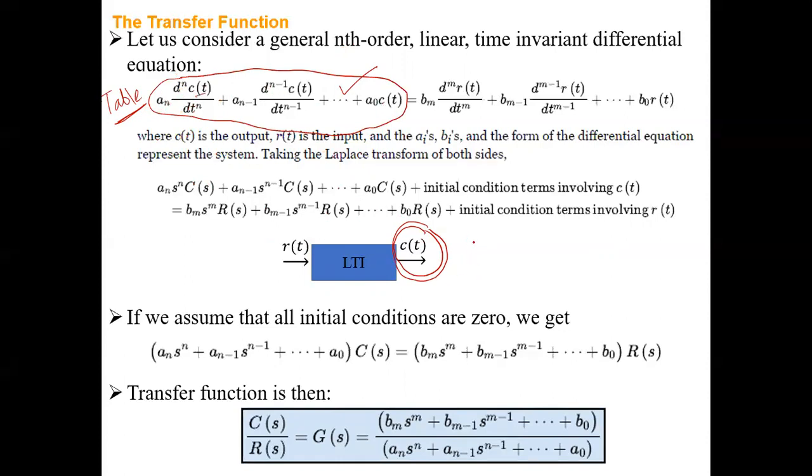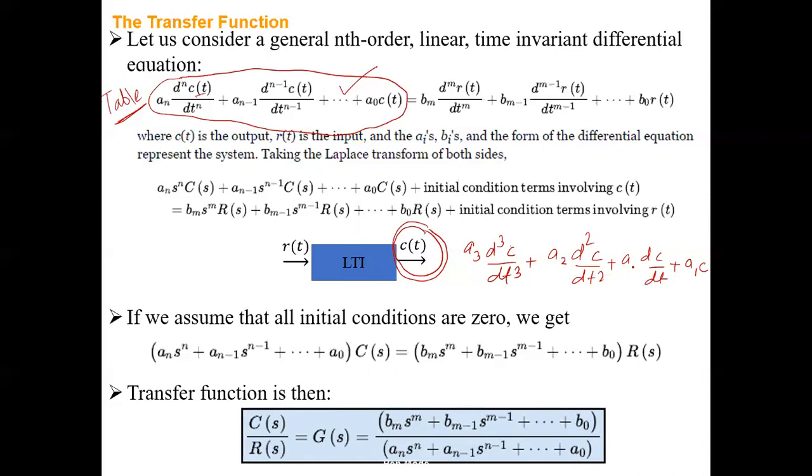So let's say a3 d3c over dt cubed plus a2 d2c over dt squared plus a1 dc over dt plus a0 c. Oh, I made a mistake here, right?